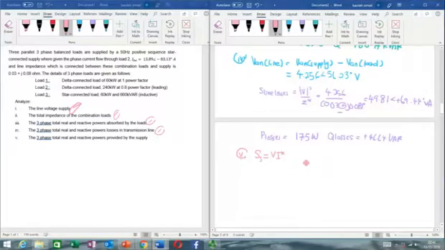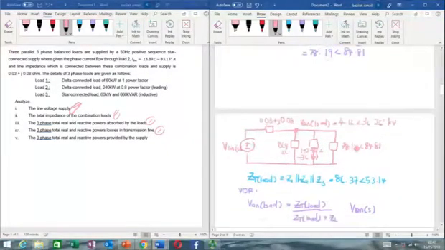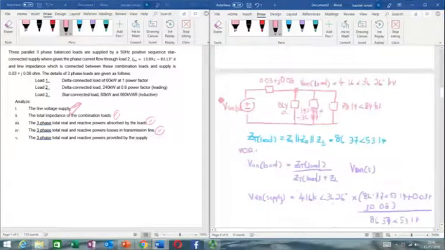But we cannot use VI conjugate because we didn't calculate the current for this question. We only have V. So you can use V squared over Z conjugate, where Z should be Z total, meaning the load plus the line value.